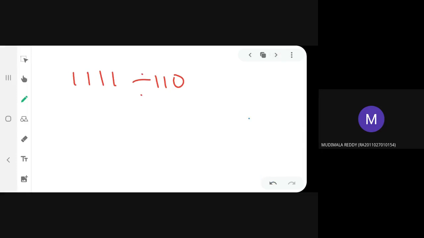Suppose I am supposed to divide 110, then how many times will 111 go by 110? First, tell me the procedure. Don't tell the direct answer.